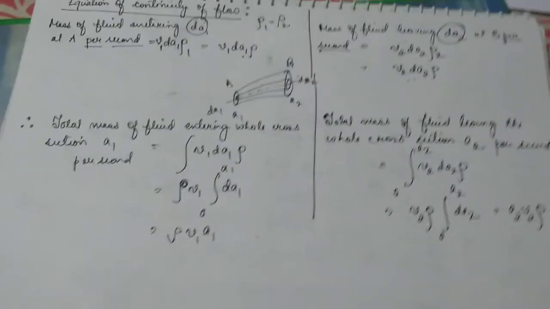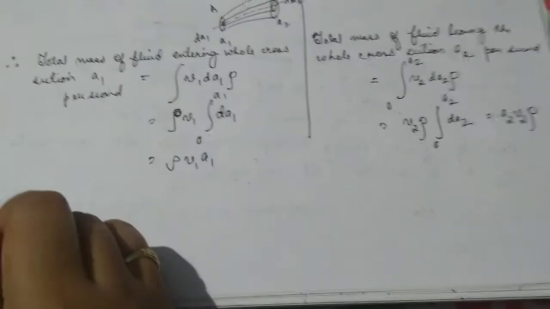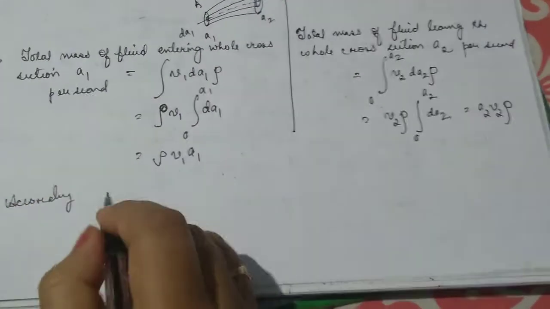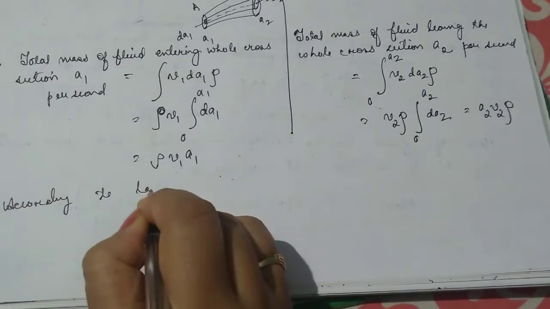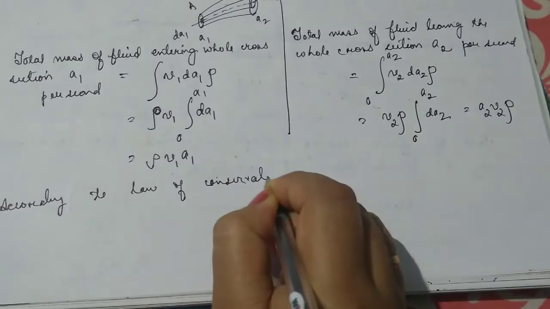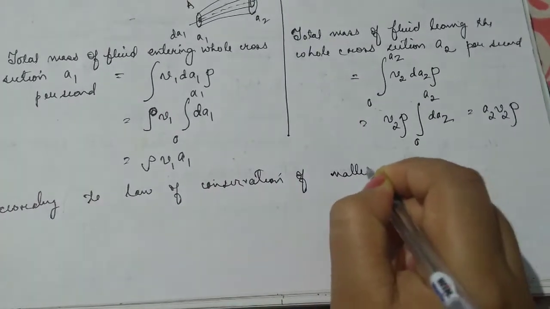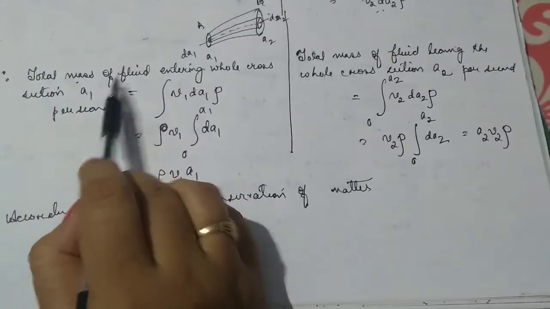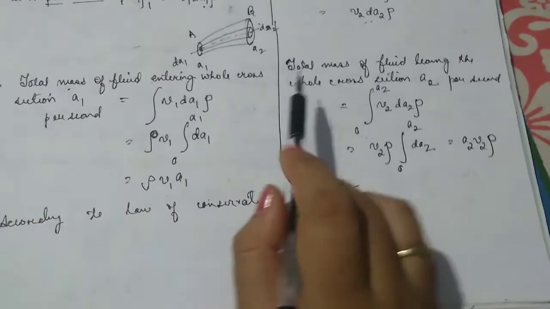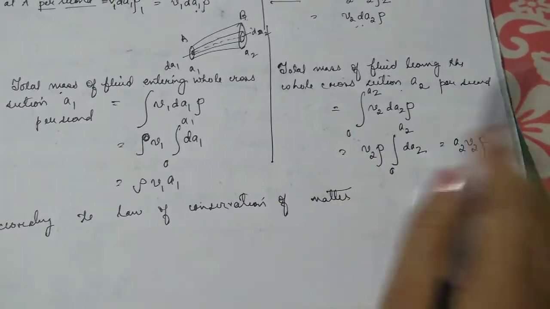Ready? So according to the law of conservation of matter, the total mass of fluid entering the whole cross section A1 per second should be exactly equal to the total mass of fluid leaving the whole cross section A2 per second.